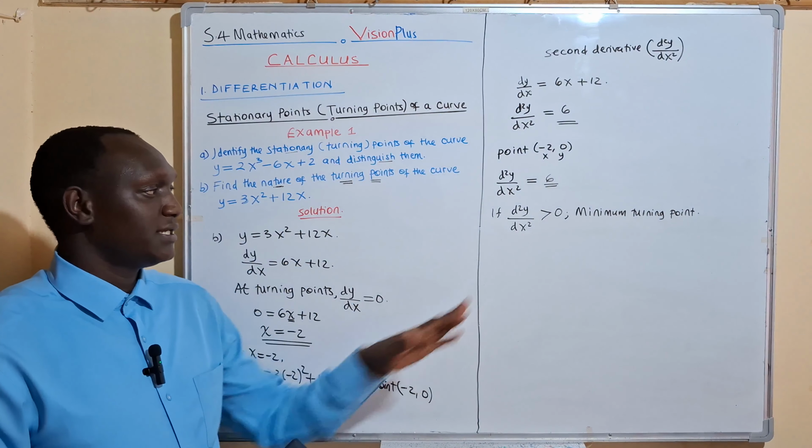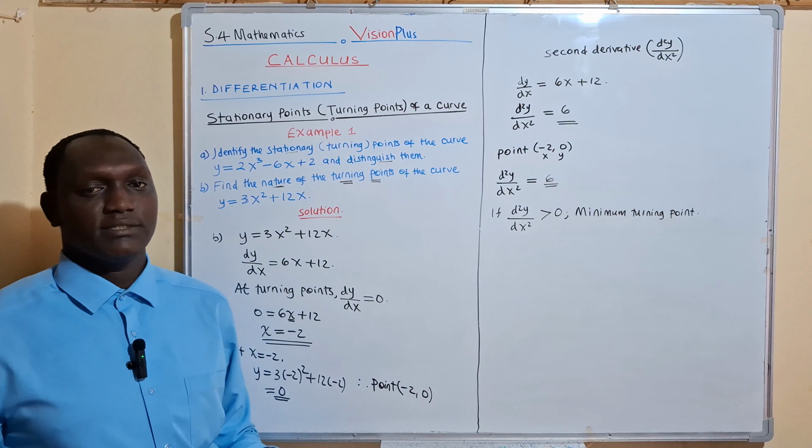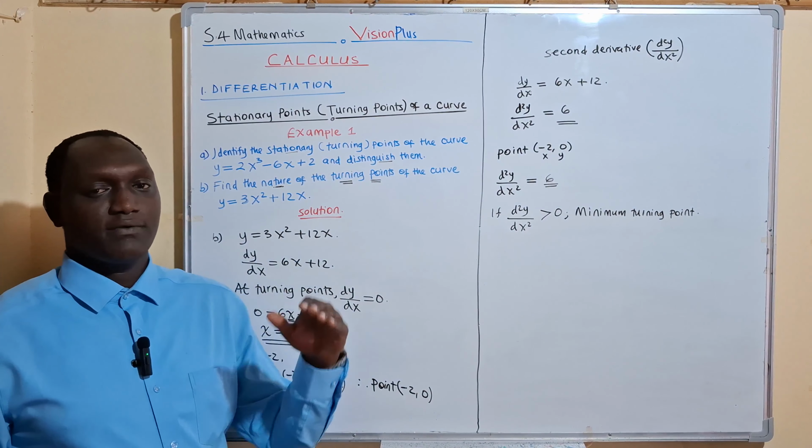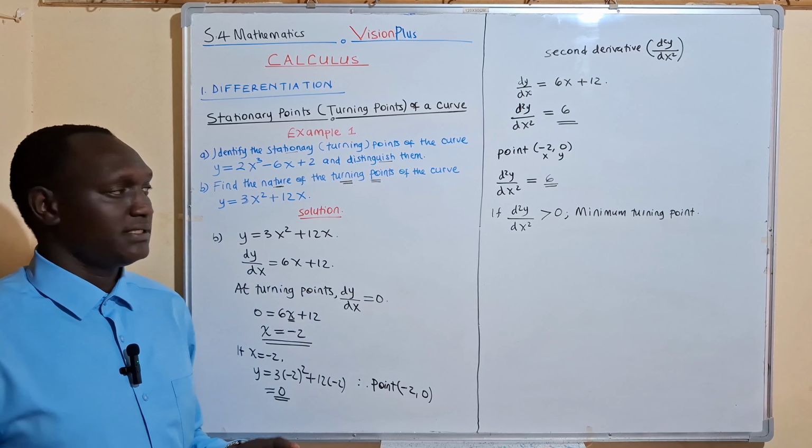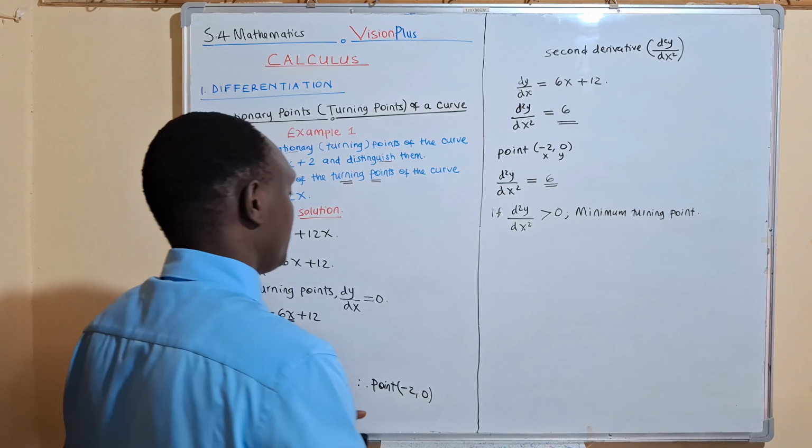Don't think it is a maximum turning point just because the value is above 0. No. If the value is above 0, it means it is a minimum turning point.